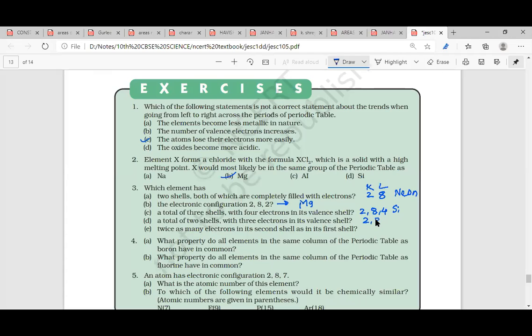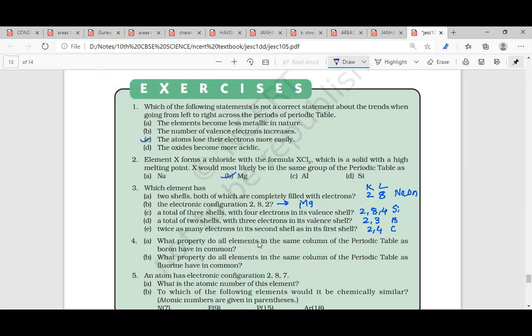So 2 and 3. That is Boron. Twice as many electrons in its second shell as in its first shell. First shell has 2 electrons, twice in the second shell is 4. That is carbon.